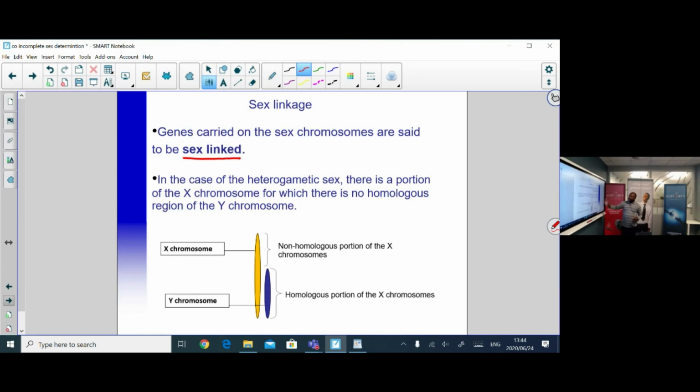So genes carried on the sex chromosomes are said to be sex linked. In the case of a heterogametic sex, there is a portion of the X chromosome for which there is no homologous region of the Y chromosome.